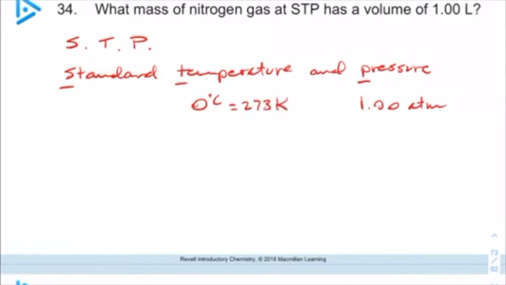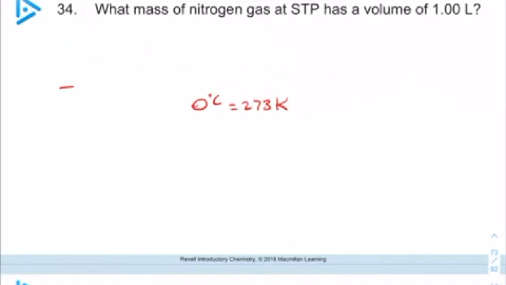Anytime you're told that you are at STP, that means that you already know 2 pieces of information, the temperature and the pressure. So at standard temperature and pressure, we already know the temperature and the pressure. So let's take a look at our ideal gas law and plug that information in.